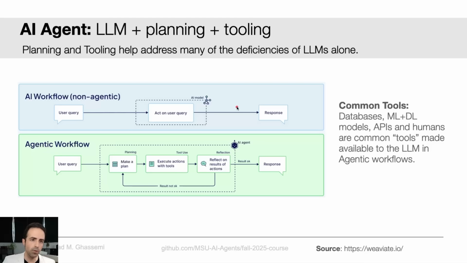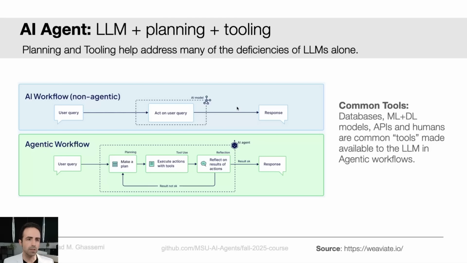And actually, it's important to note that many of the systems that we think of as being just LLMs, colloquially, right? So Claude, Gemini, OpenAI's GPT models, they're actually agents.